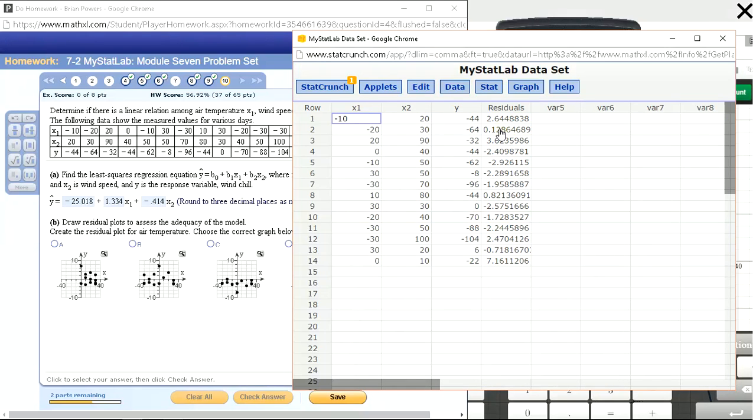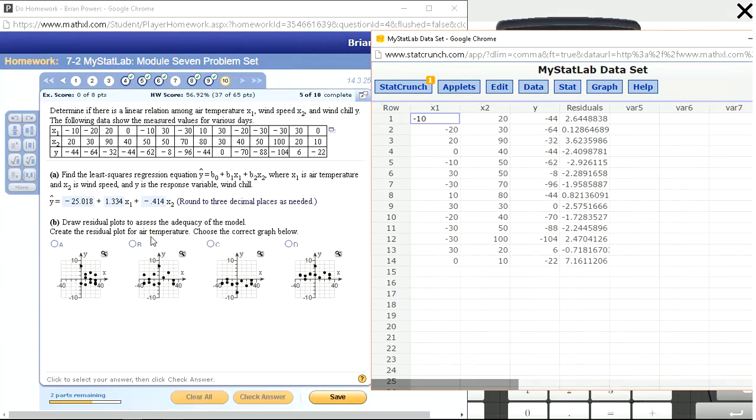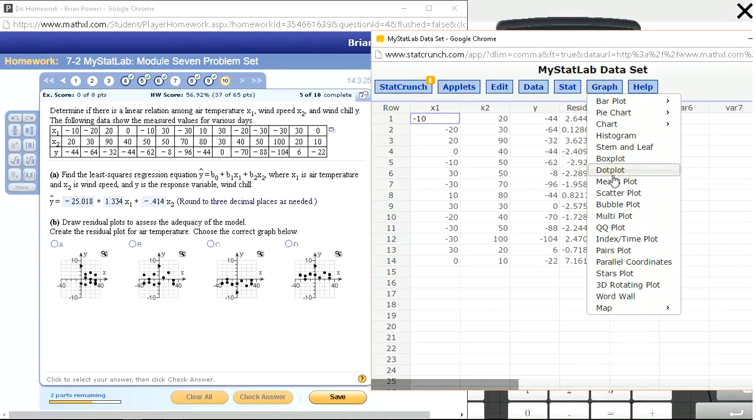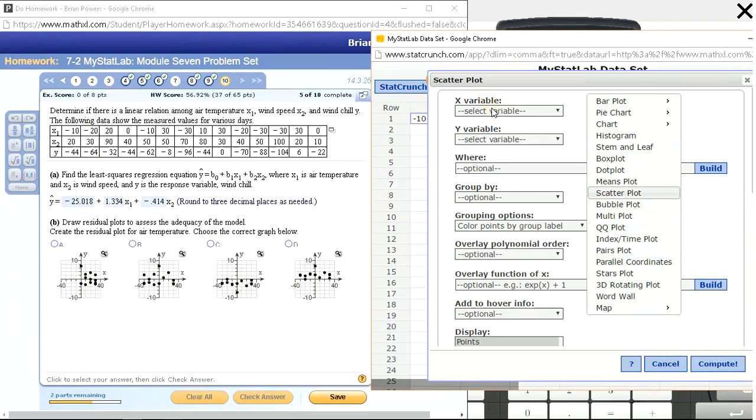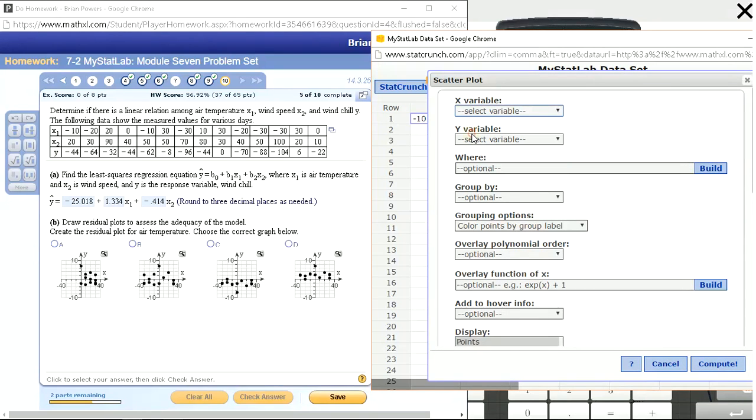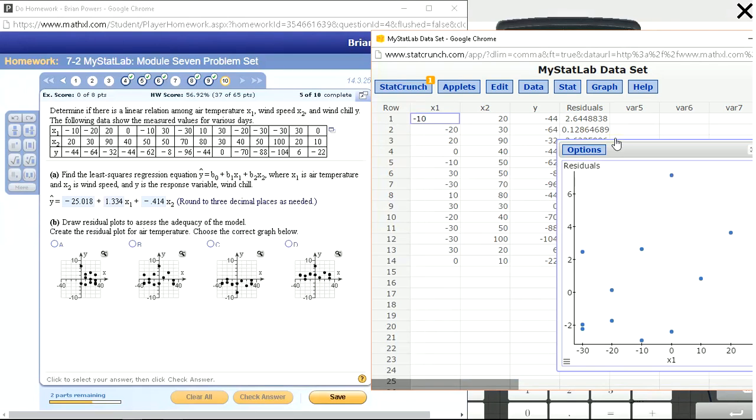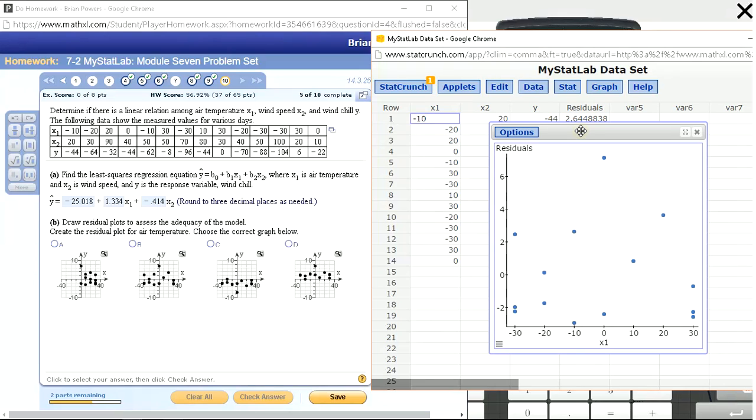So what I can do is plot residuals against x1, which, remember, x1 is air temperature. So I'm going to go to Graph and just do a scatter plot. My x variable is x1, my y variable is residuals, and just hit Compute, and I'm going to compare this to these scatter plots and see what it looks like.